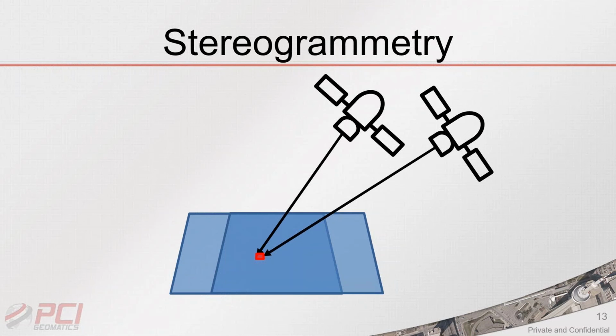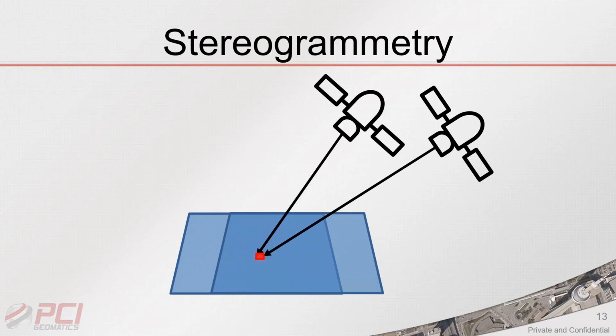Using the overlapping portion, what we do is image correlation to identify and match corresponding pixels between those two images. Using the matched pixels from the image correlation, we then determine the displacement along the y-parallax. Then using that known displacement, in conjunction with the sensor geometry, we're able to derive the elevation values of those pixels.